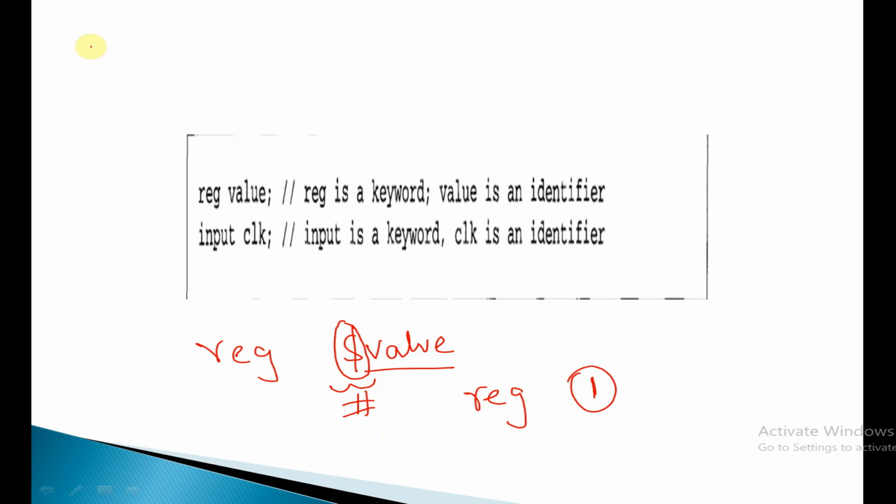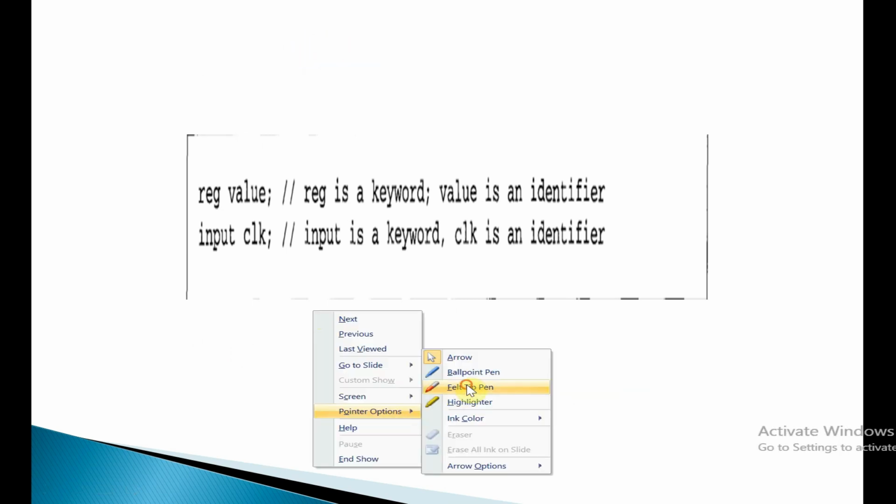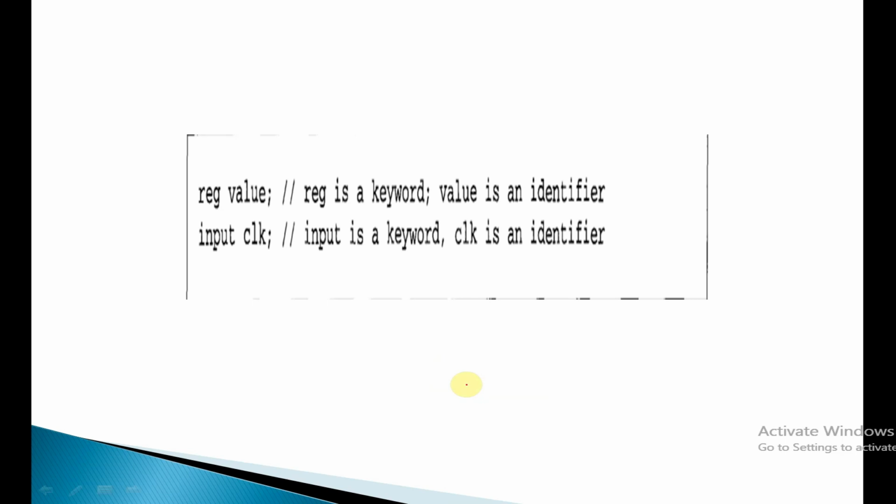Not only these variables, when you are writing your module name also, if you say 1 bit full adder, you cannot write 1 bit. When we are declaring a module name, module followed by the name is nothing but the identifier. So here we cannot use 1 bit full adder.